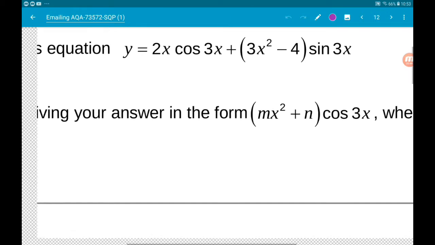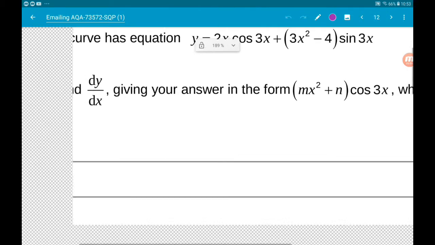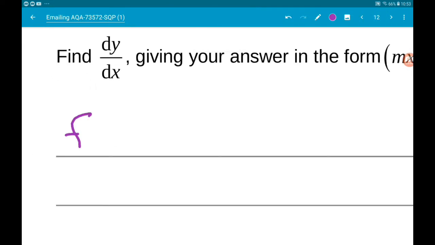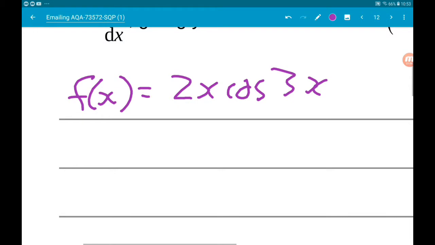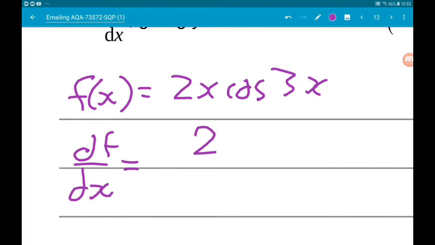So let's say f of x is 2x cos of 3x. Okay, so let's find df by dx. We're going to need to use the product rule and the chain rule in half of that. So let's differentiate 2x. That gives us 2, and then we don't differentiate cos of 3x.